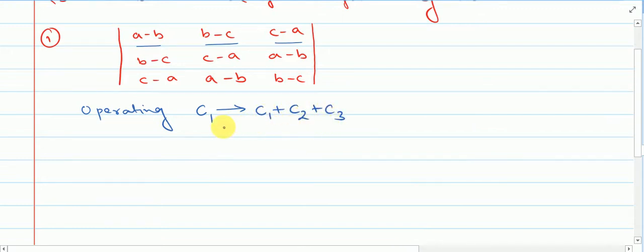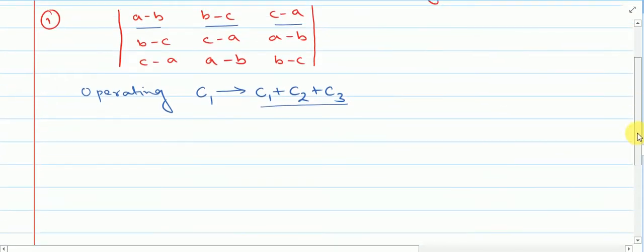So here in the next step I'll get column 1, which will be this C1 plus C2 plus C3. So as I had told you, what I've written over here should be done mentally, and this will form the first column of your determinant. So we get this when you add C1 plus C2 plus C3.